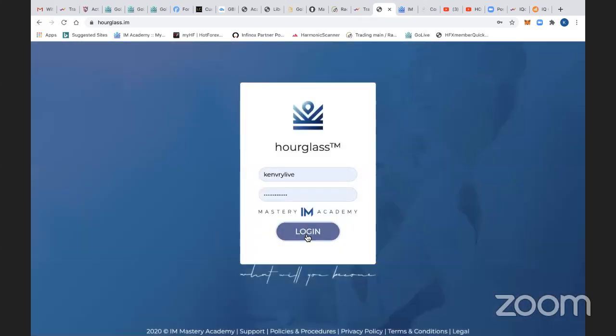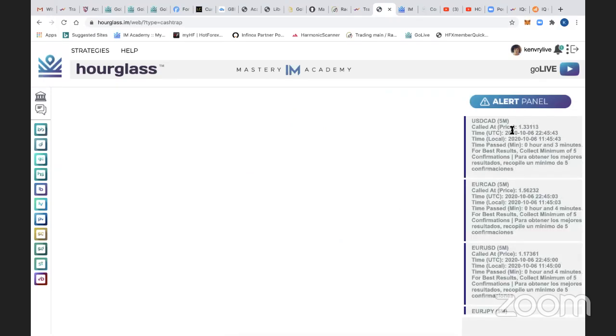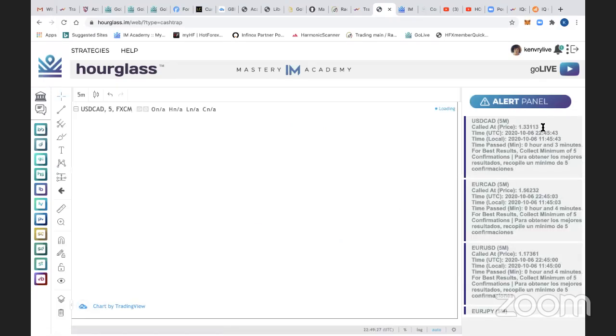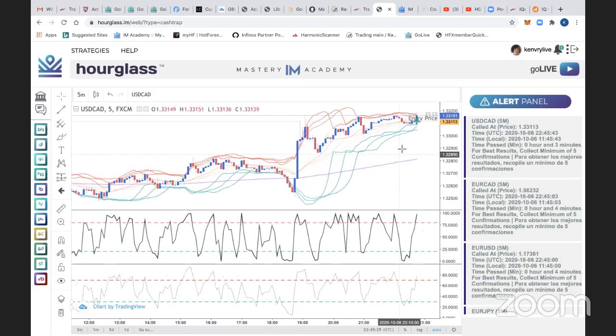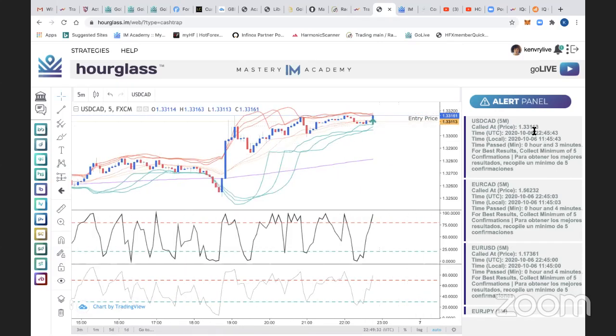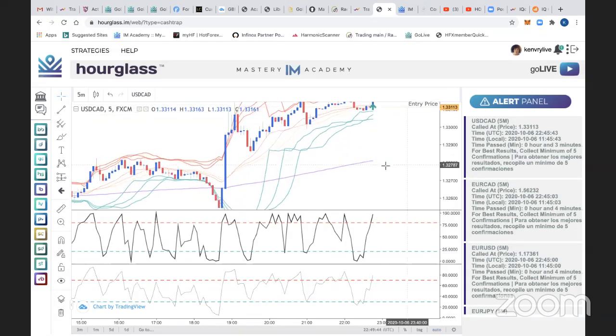So let me just use hourglass because I use this very well. USD CAD was called at price, they're already telling you the price. So the arrow means USD CAD was called at 331, that's 113 for a buy. And this yellow line, it's closing already in profit. Every 5 minutes, it calls a trade for you, with the same analysis and confirmation.